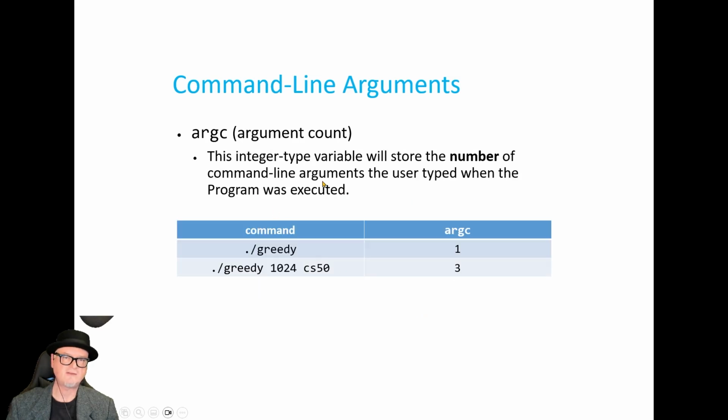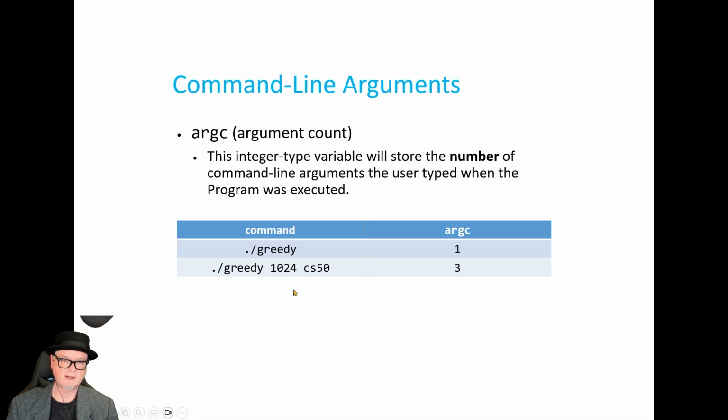Now what do they tell us? Well, argc, the argument count, tells us how many total arguments are provided at the command line. If we just invoked a program called greedy, there would be just one argument provided at the command line. And for example, if we invoked greedy and had a couple of other accessory statements, maybe an integer and a string, we would have 3 arguments.